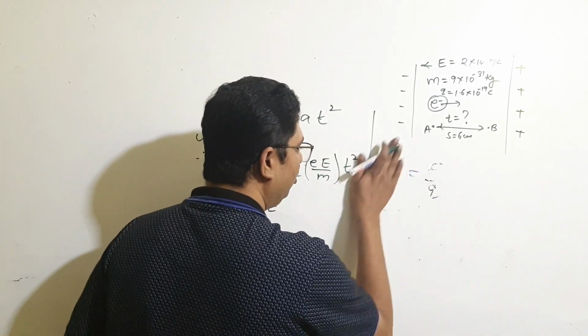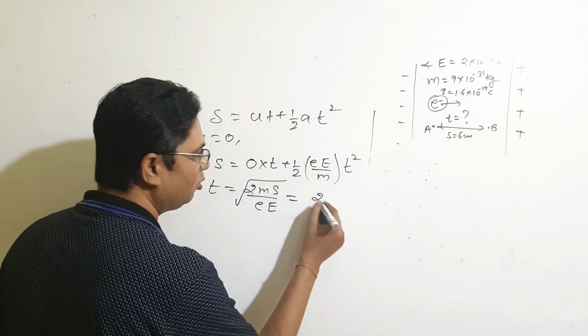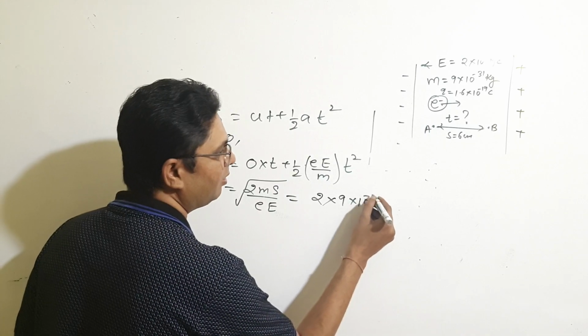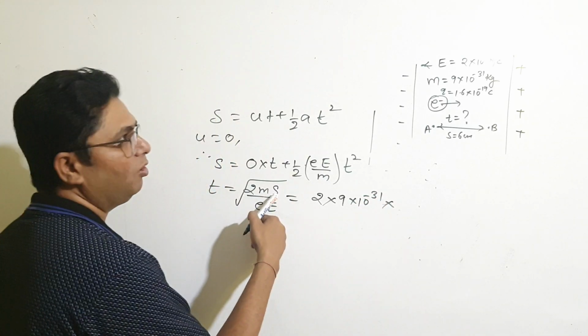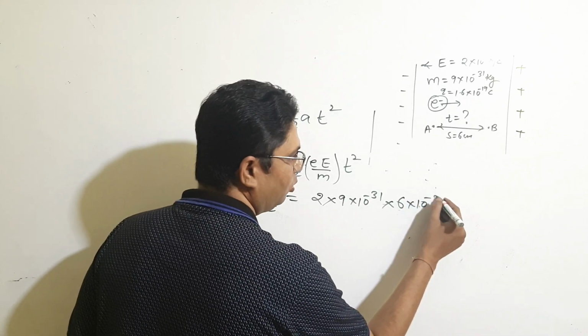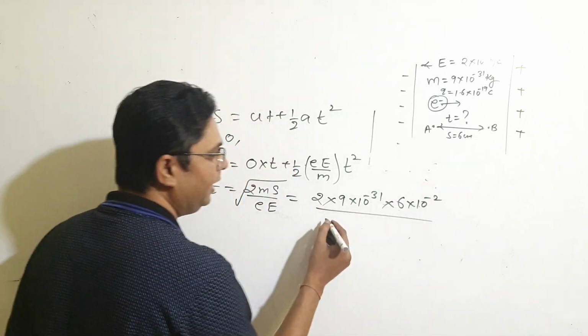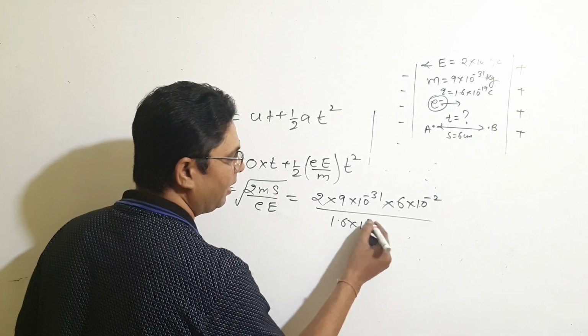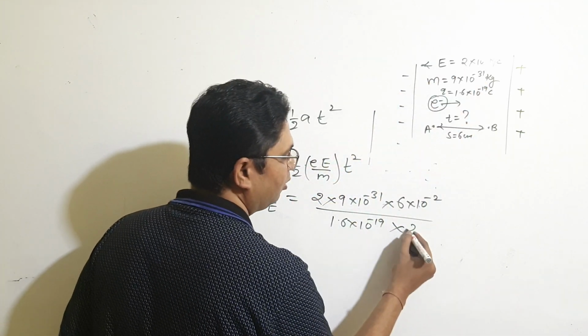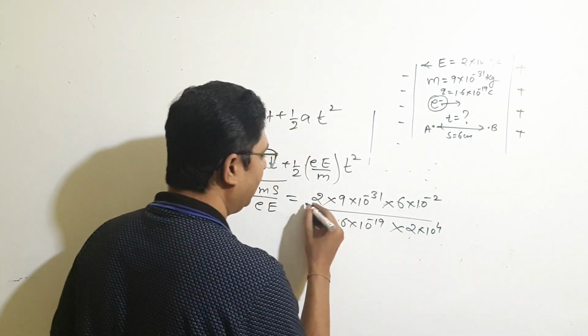Now put the values. So you have t equals root of 2 into the value of m, mass, which is given as 9 × 10^-31, the value of s is 6 × 10^-2 in meter, and e is 1.6 × 10^-19 and capital E is 2 × 10^4, all under root.